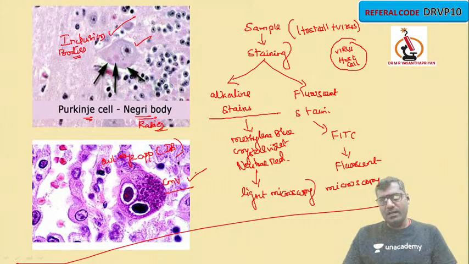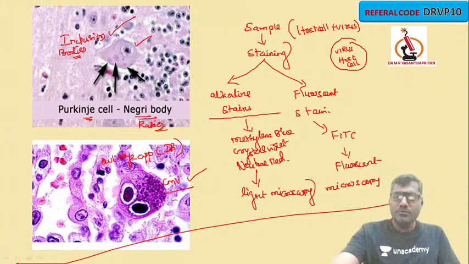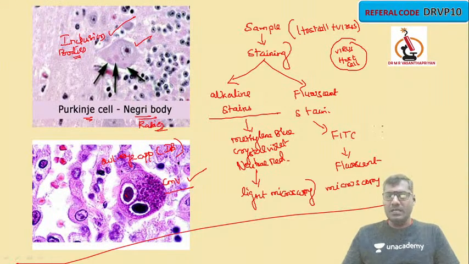Okay, so similarly we can use the same sample. Instead of an alkaline stain, we use fluorescent stains for demonstrating the viruses. We call it inclusion bodies. Inclusion bodies are nothing but viruses demonstrated within the host cell by the staining procedure. Apart from these two examples, what are the other examples to remember for inclusion bodies?